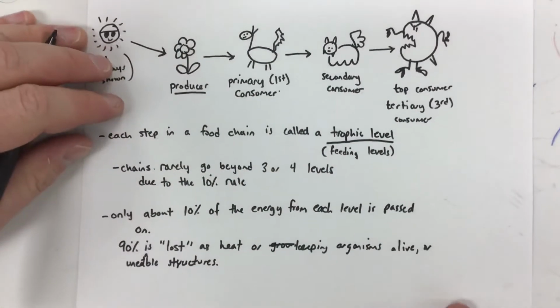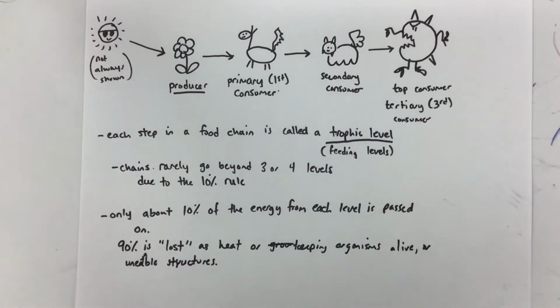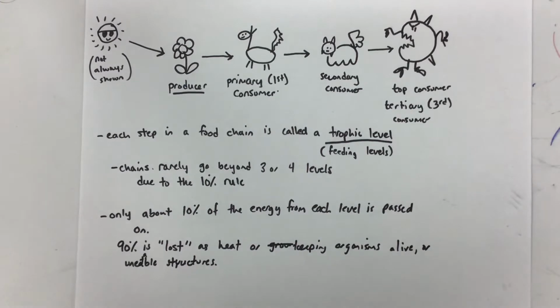Okay, so 90% of the energy at each feeding level is gone, and this is why food chains rarely go beyond 3 or 4 steps. Because every step you go, the amount of available energy decreases by 90%.